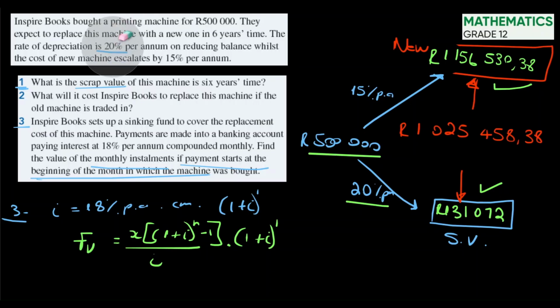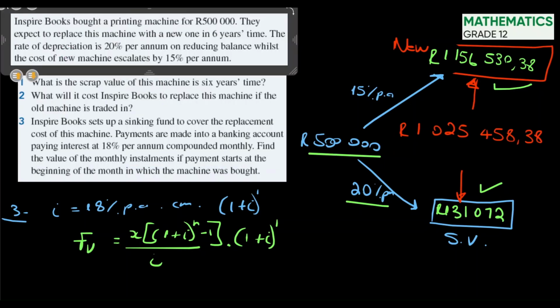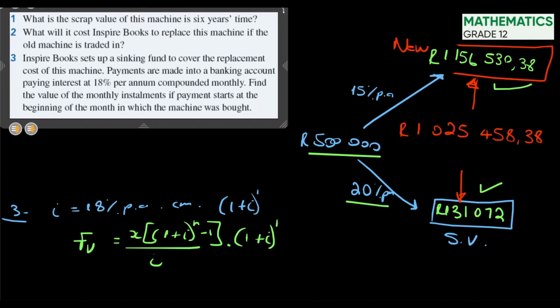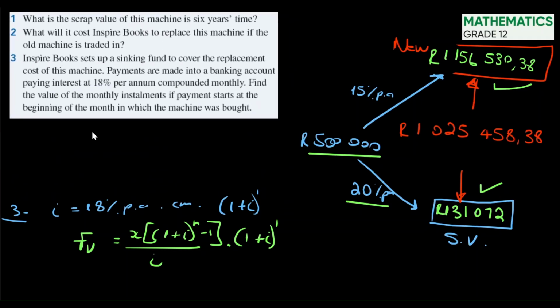So we're going to go ahead and try and make space to be able to work. So what we have now is the future value. What are we saving for? Remember that replacement cost. So we go ahead and substitute 1,025,458.38.